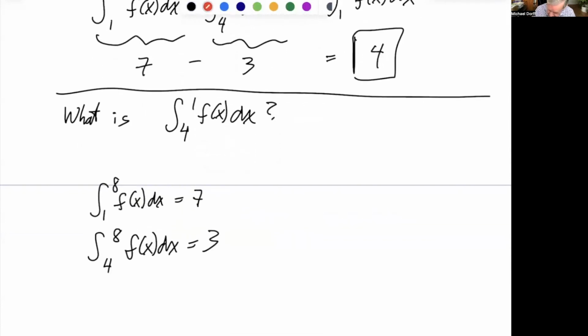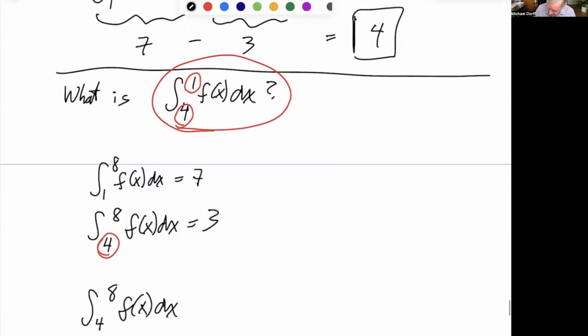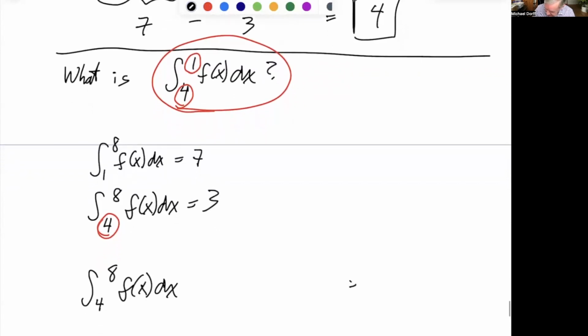We want this. Notice I have a 4 on the bottom and a 1 on the top. Let's use what we're given. This has a 4 on the bottom, so that's good. So we have the integral from 4 to 8 of f of x dx, and we know that that's equal to 3. But now we want to end up with a 1 on the top and the 4 on the bottom, because that's what we have over here.